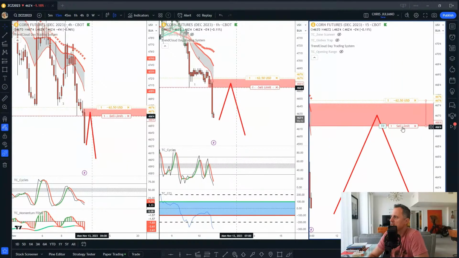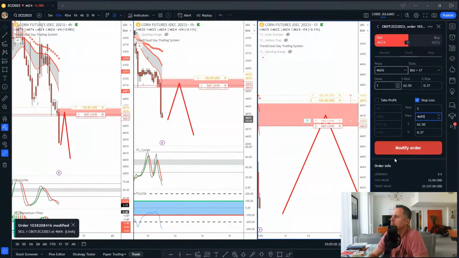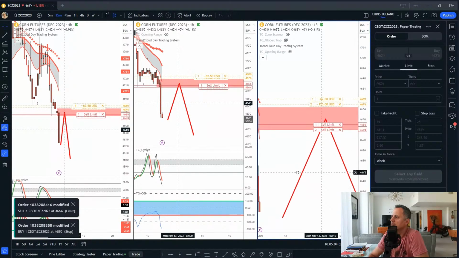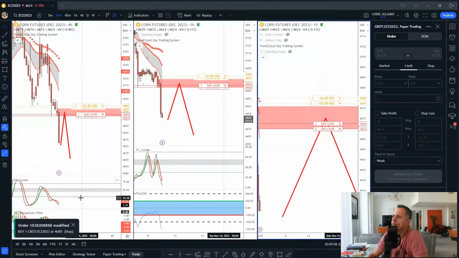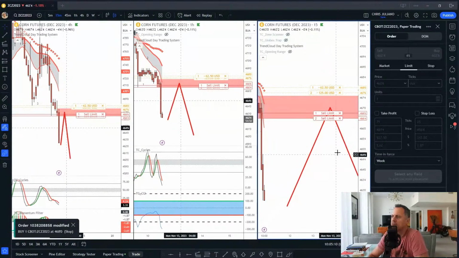So we've got 3 contracts all together. I'll separate it like that so you can see. That's what it looks like. Now you can scale out of the position.